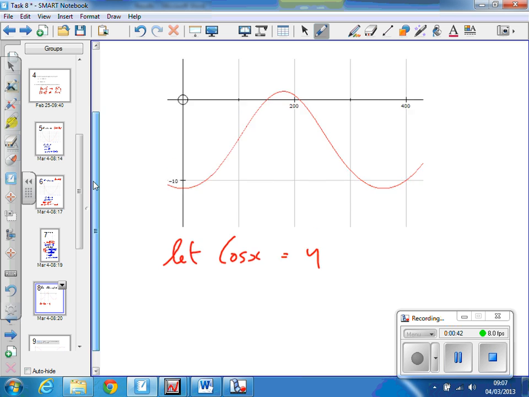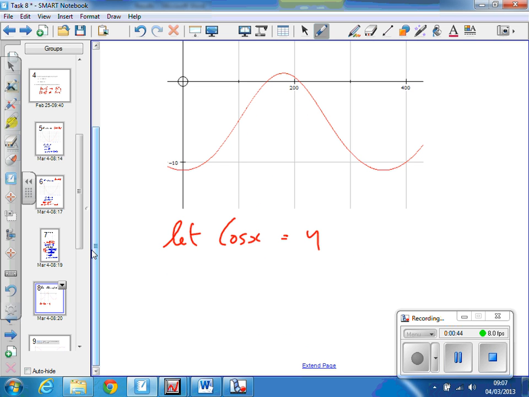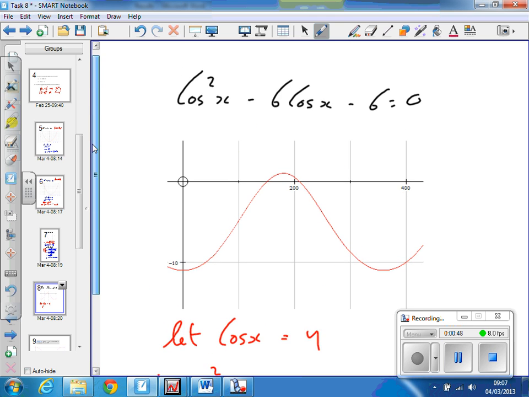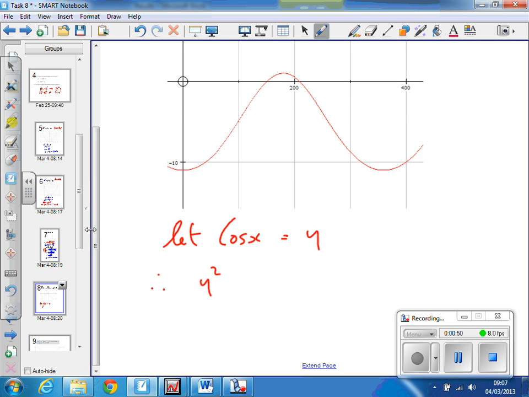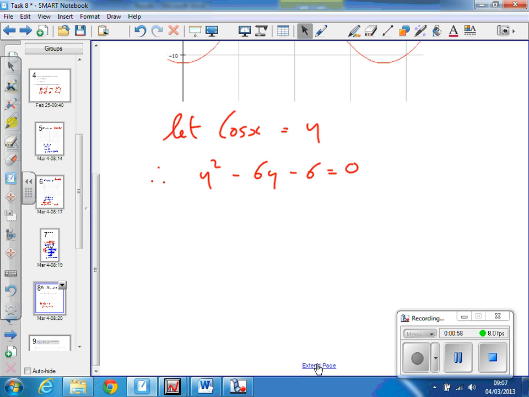Instead of cos squared x, I write y squared. Instead of 6 cos x, I write 6y minus 6 equals 0. So in other words, I just make a substitution.